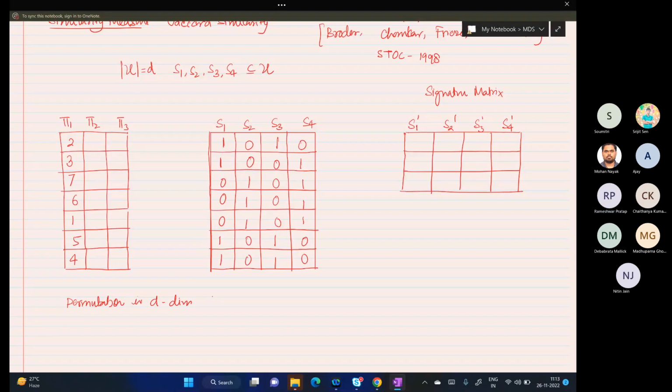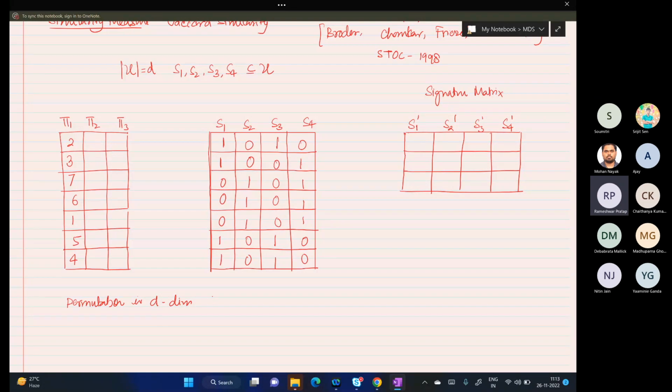Yes or no? You can say if you understood. Okay, so now using this permutation, we'll calculate the hash value of S1, S2, S3, and S4. The process is that we look at the permutation index corresponding to the 1s in our input points.